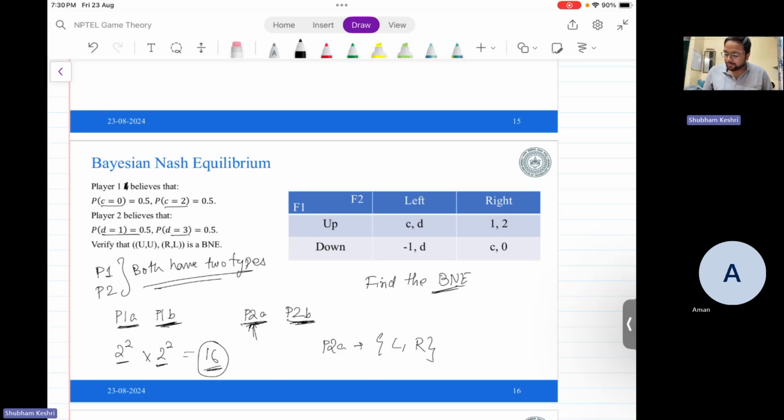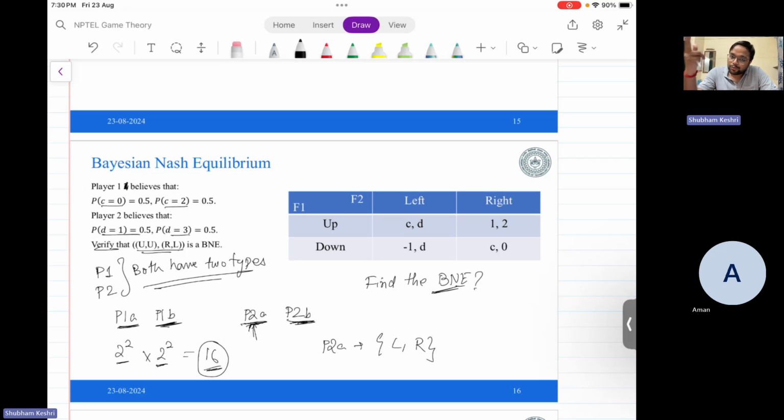I'm not asking the question to find the Bayesian Nash equilibrium. I'm just asking to verify if this is a Bayesian Nash equilibrium or not. I have given you a strategy set, and I'm asking you whether this is a Bayesian Nash equilibrium or not. For this only you have to check. Just think about how we'll do it.